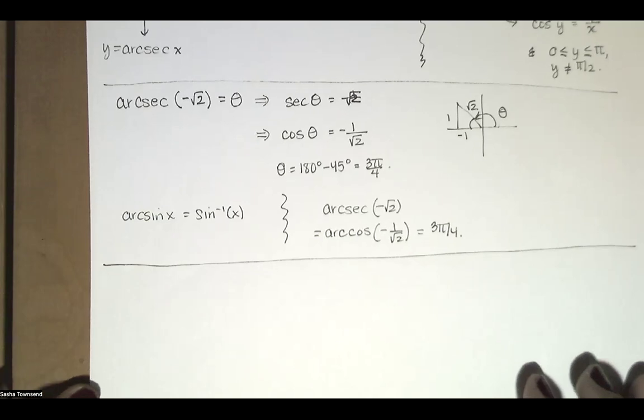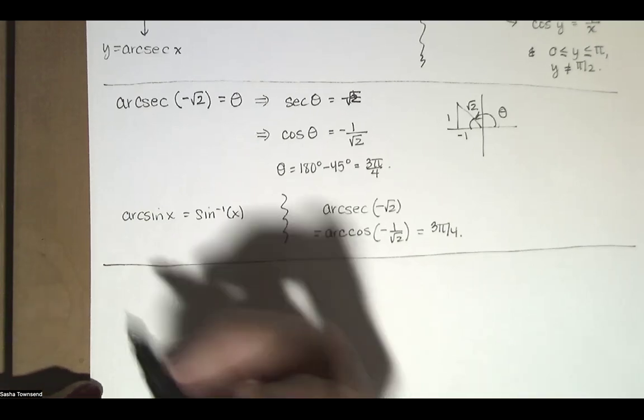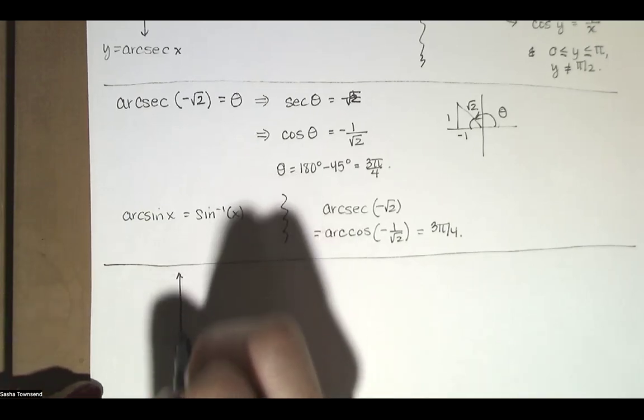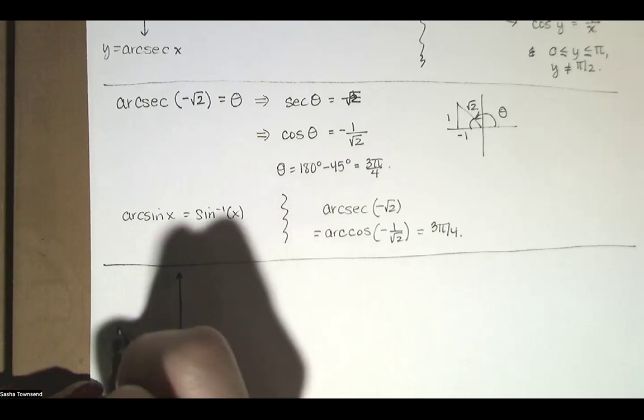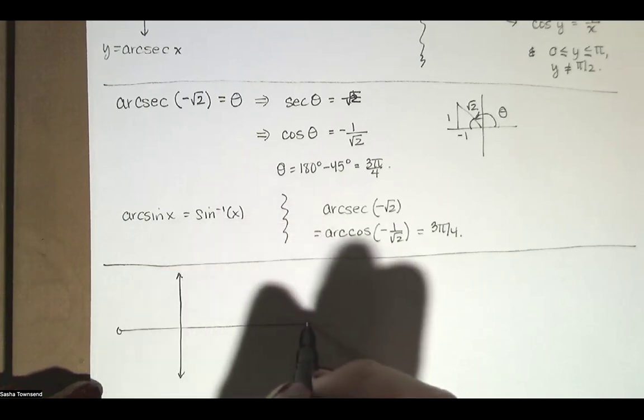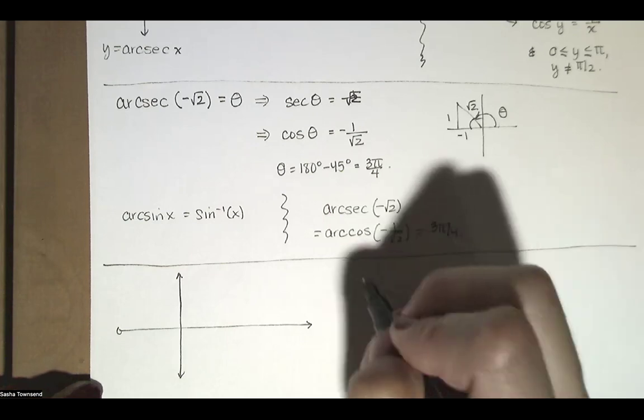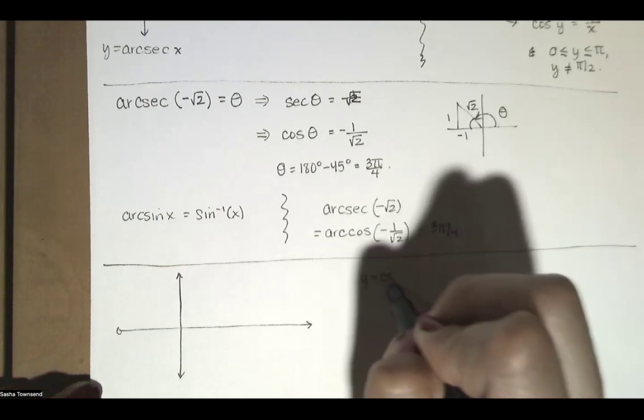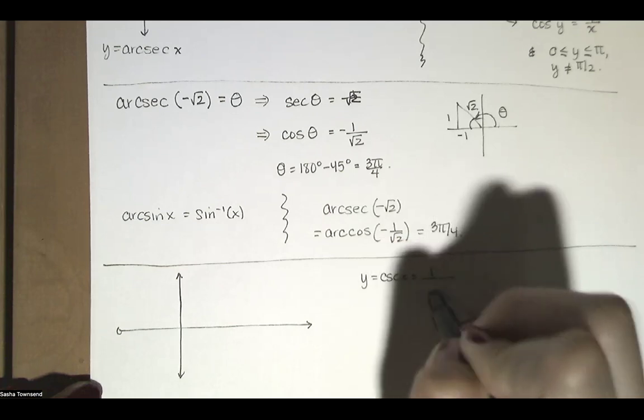All right. 2 more inverse trig functions. We just did secant. Let's do cosecant. Cosecant is 1 divided by sine of x.